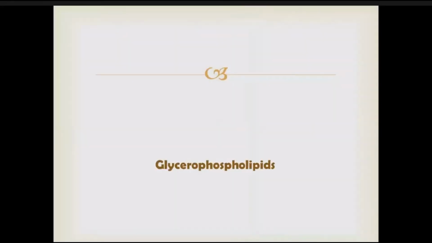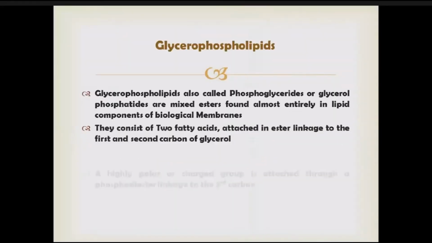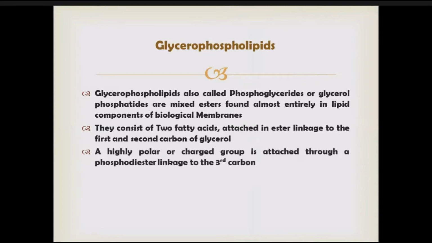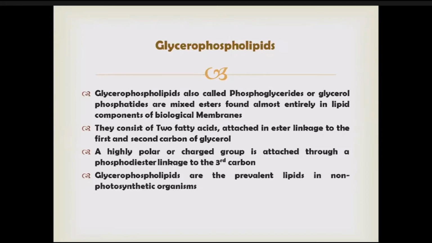So ये जो भी हमने बात की है कि they consist of, I hope you now understand that two fatty acids are attached in ester linkage to the first and second carbon of glycerol, whereas a highly polar or charged group is attached through a phosphodiester linkage to the third carbon.